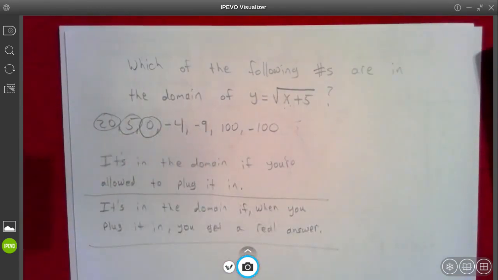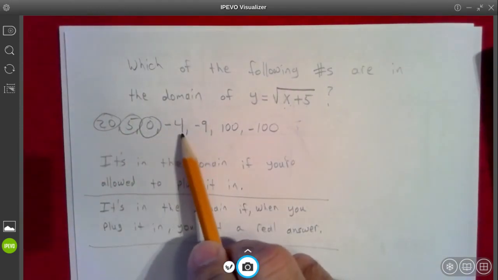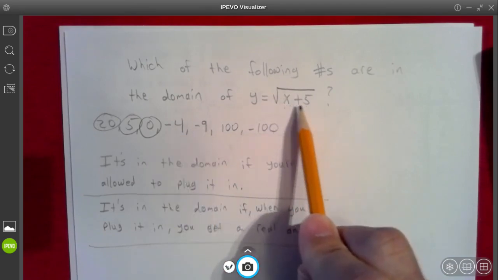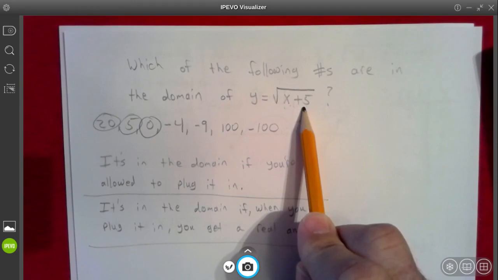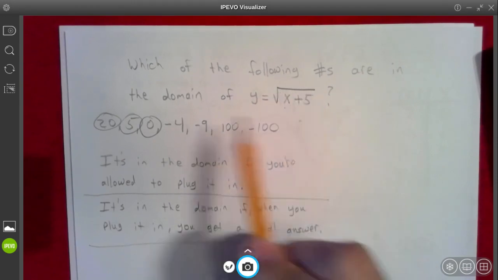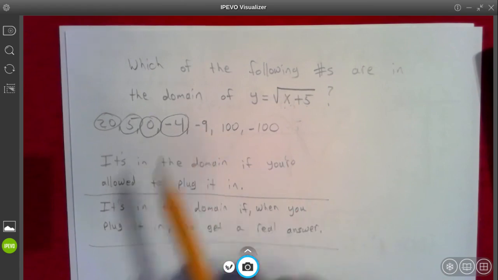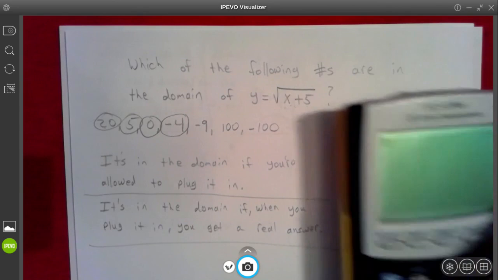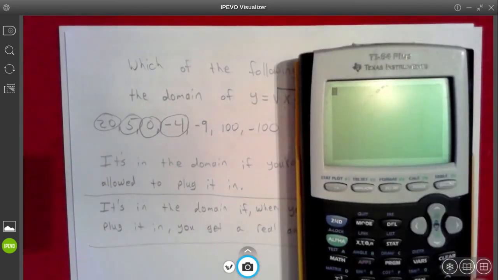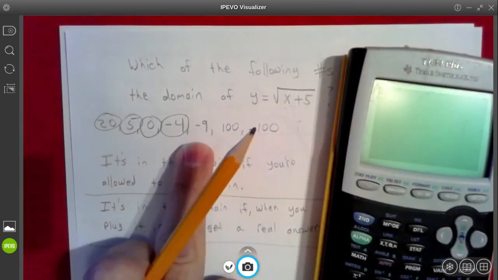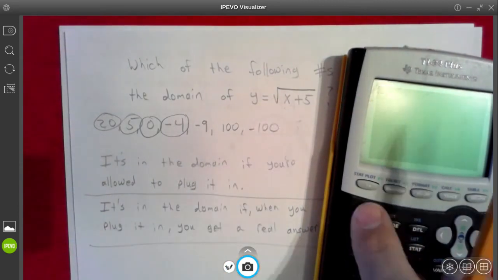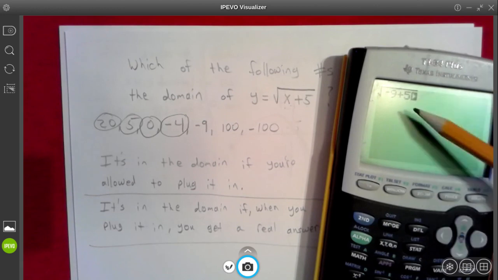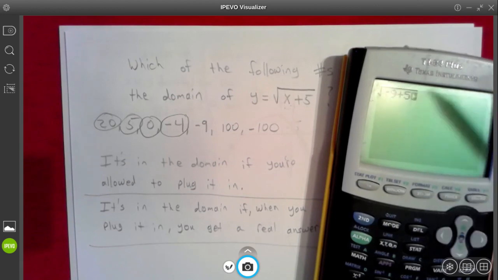Here we're going to have to start paying attention. Square root of negative 4: you get negative 4 plus 5, which is 1, and you can do the square root of 1. So negative 4 is allowed. But here's one of them that we cannot do. You can't plug in negative 9 for x here. You'll do the square root of negative 9 plus 5, which is negative 4, and we can't do the square root of negatives.